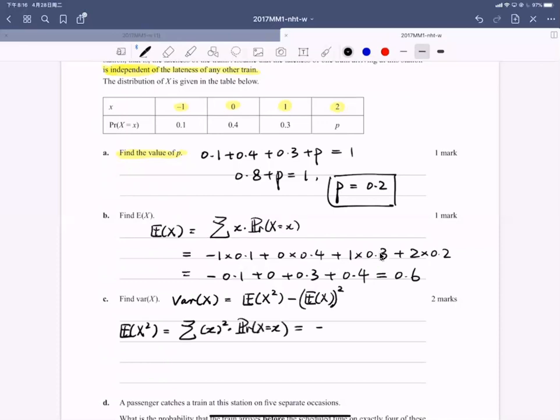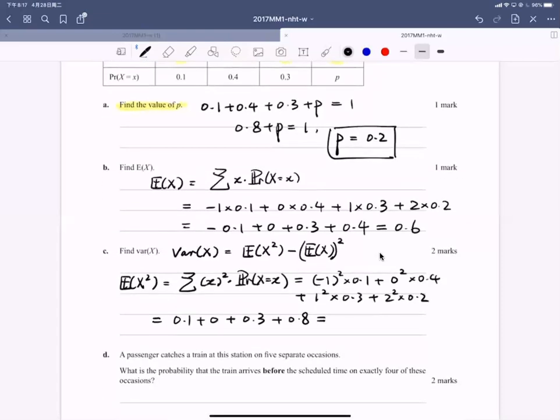And you should have -1 squared times 0.1 plus 0 squared times 0.4 plus 1 squared times 0.3 plus 2 squared times 0.2, which means your first term is 0.1, second term is 0, third term is 0.3, fourth term, okay, you should have 2 squared, 4 times 0.2, 0.8.